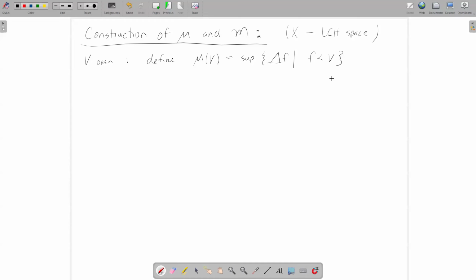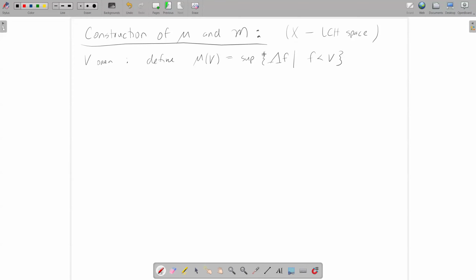What that means is outside of V, the function f has to equal 0, and it's between 0 and 1. What you should have in mind is that we want the indicator function of V here.